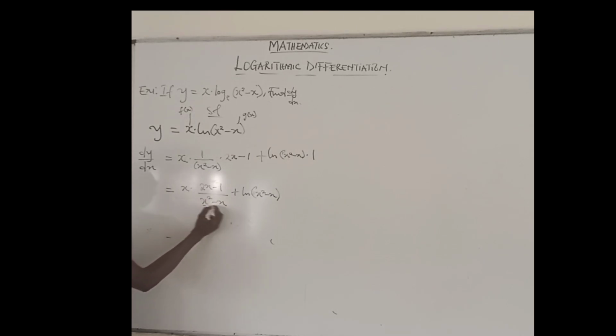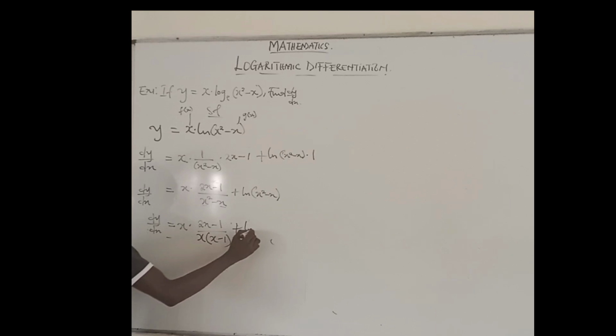This is a factor. We have a common factor here, so you have to factorize s out. If you factorize s out, dy/dx will be equal to s multiplied by (2s minus 1) over s times (s minus 1), plus ln of (s square minus s).